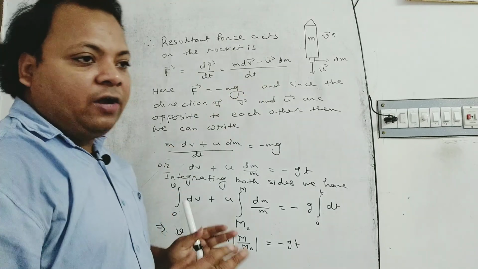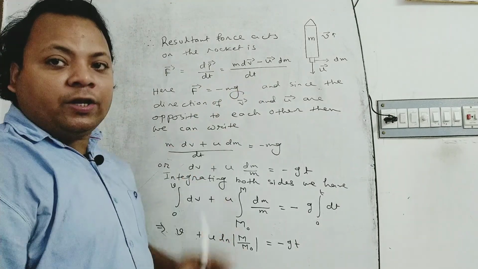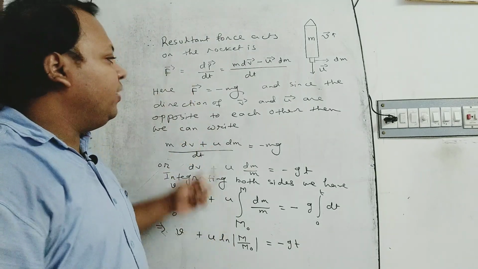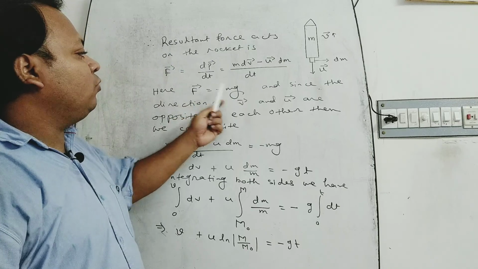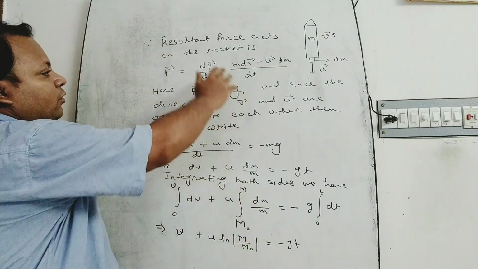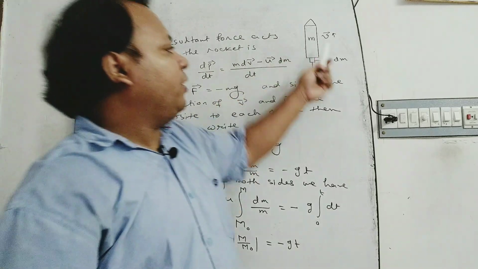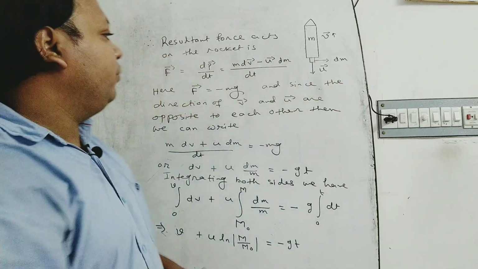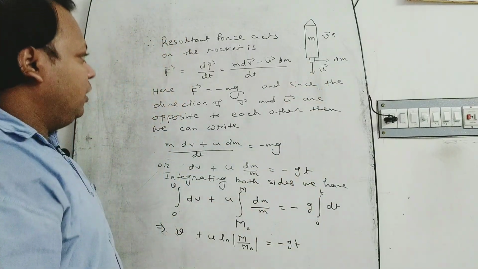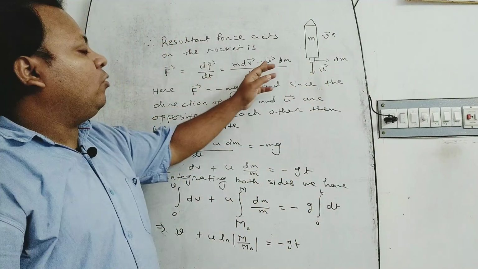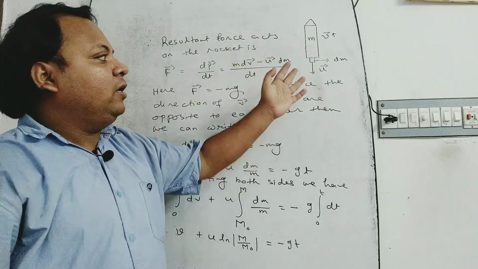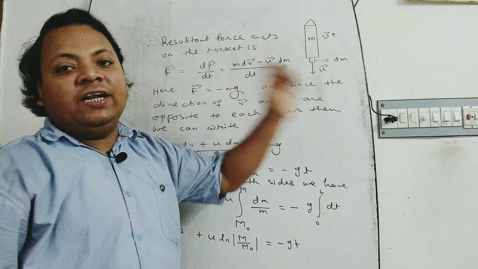Here the weight of the rocket acts against the resultant force. Therefore, F vector is equal to minus mg. And since the direction of v, that is the velocity of the rocket, and the velocity of the fuel are opposite to each other, we can consider v as positive sign and u as negative sign.